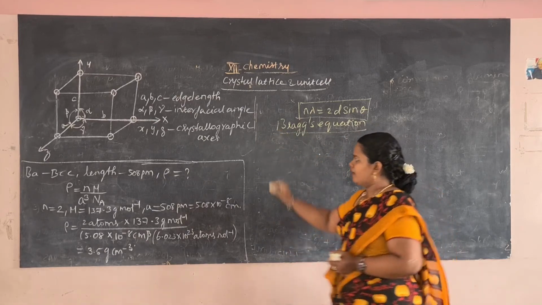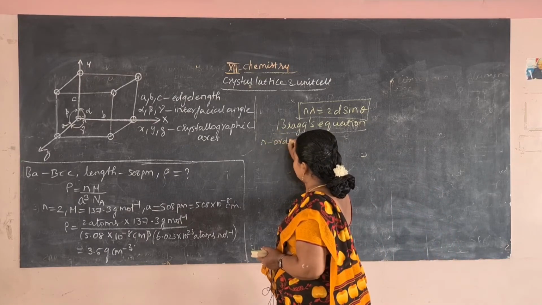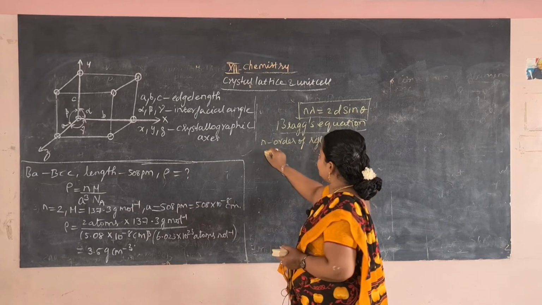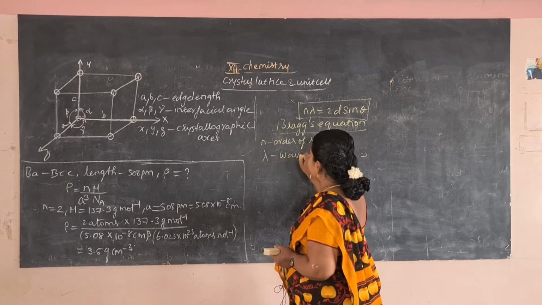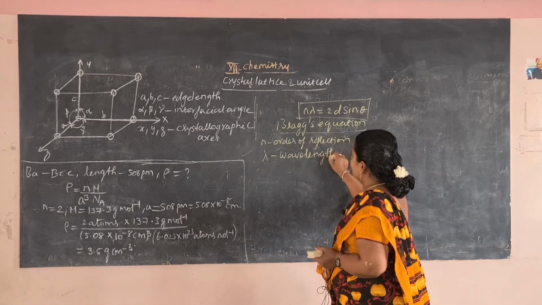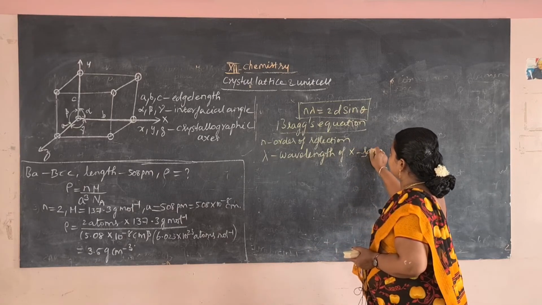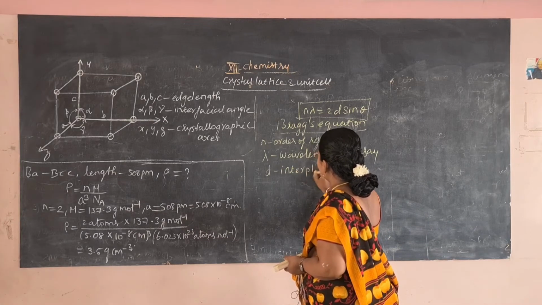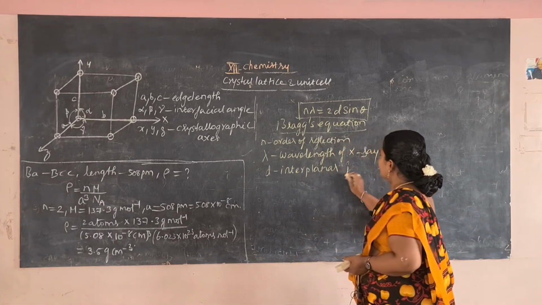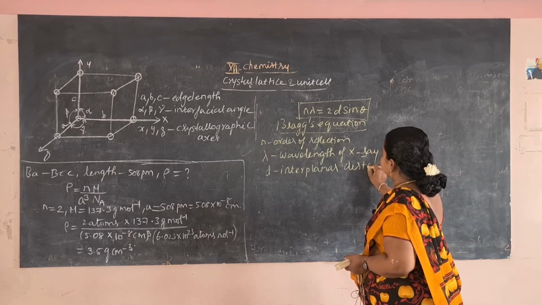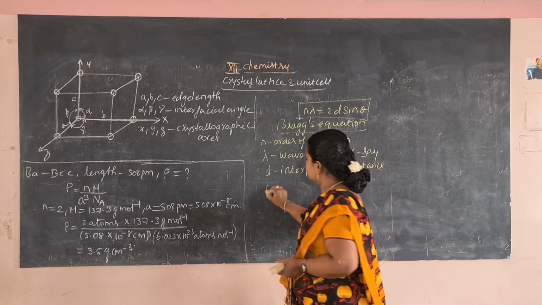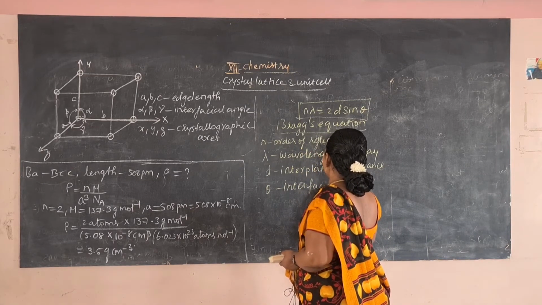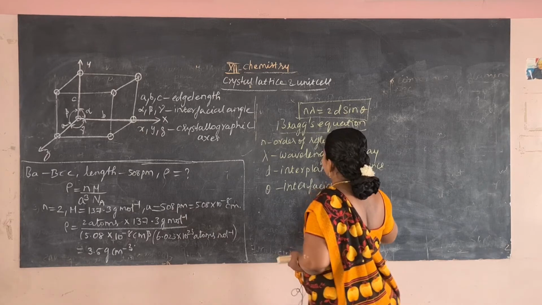Very, very important. Where n is the order of reflection, lambda is the wavelength of X-ray, and d is the interplanar distance, and theta is the interfacial angle.